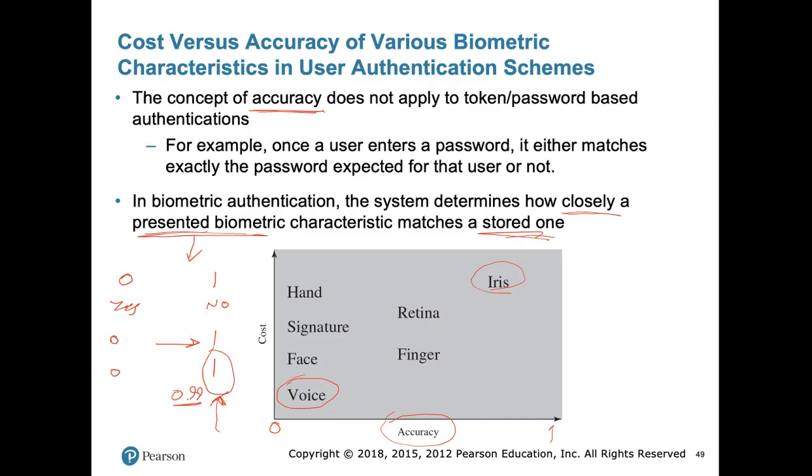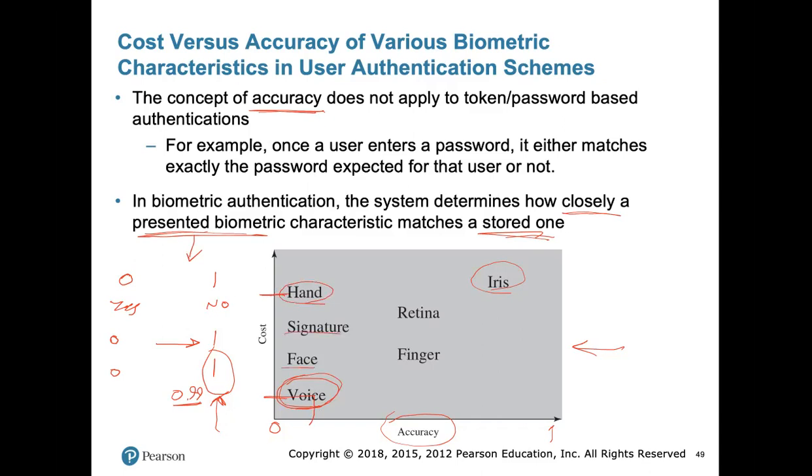So here we have this plot, which is a very nice plot. I like it very much. It gives us a trade-off between accuracy versus cost of different biometric features or characteristics that we can use for authentication. We have voice, which has a very low accuracy and very low cost. We have hand recognition, relatively low accuracy, but high cost.